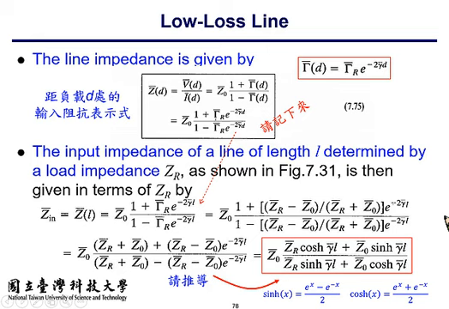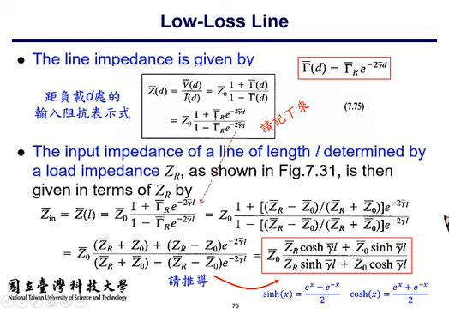The Z_R terms are added, so it becomes Z_R times hyperbolic cosine of gamma L. The second term is the Z sub 0 term, which is Z sub 0 times exponential gamma L minus Z sub 0 times exponential minus gamma L. Because of the minus sign, it becomes hyperbolic sine. So you have Z sub 0 hyperbolic sine of gamma L. And you do a similar thing for the denominator part.